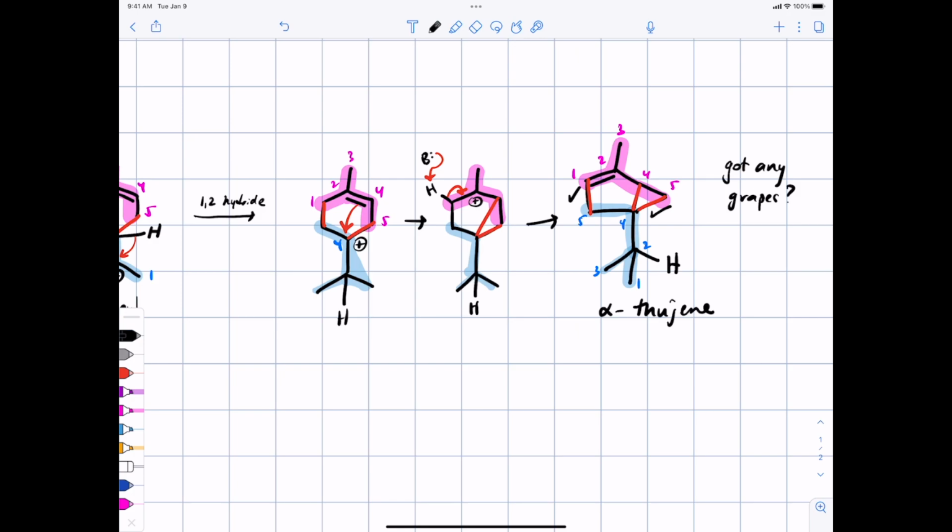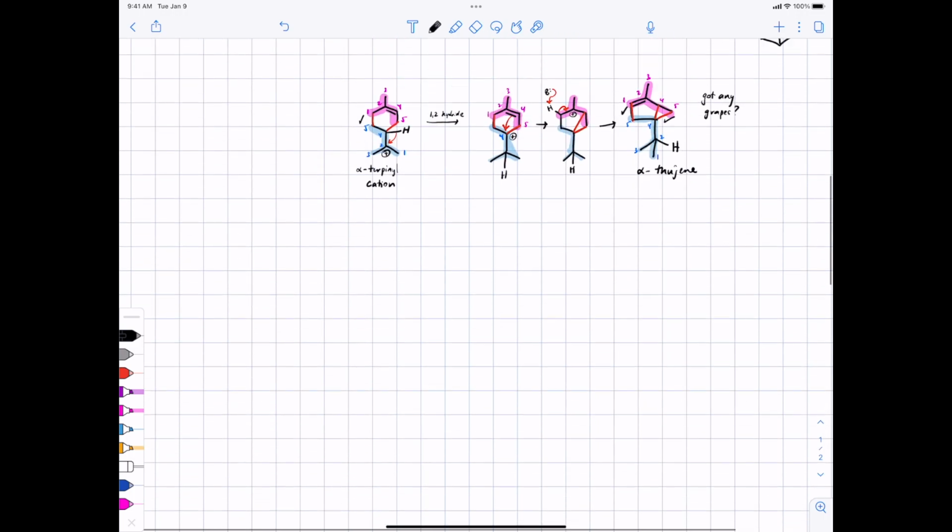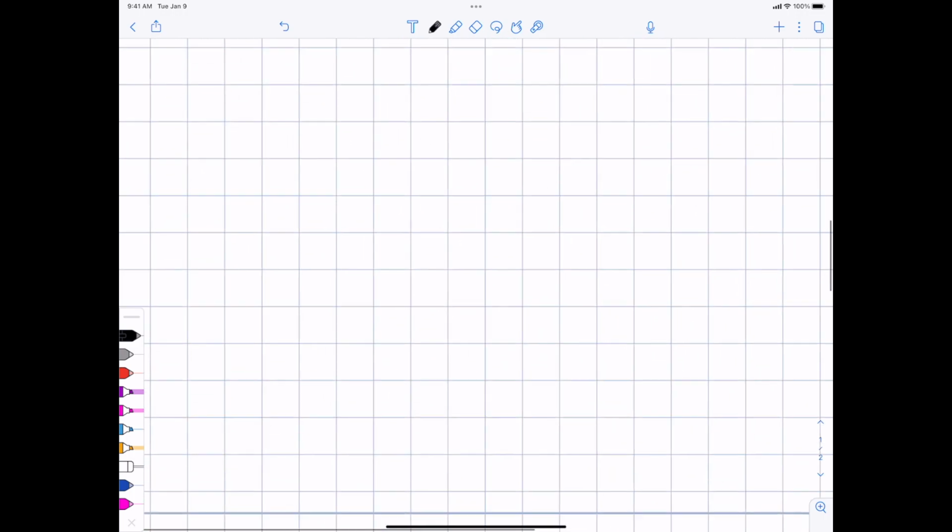We're going to increase in complexity a little bit, and I'm also going to show you something you've likely seen before from 351, and that is how to get a steroid precursor from a similar sort of starting material. All right, so get ready to draw something horrible.